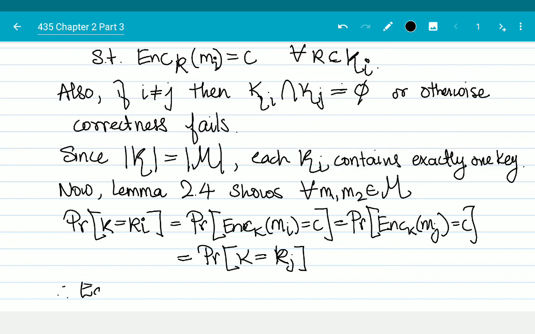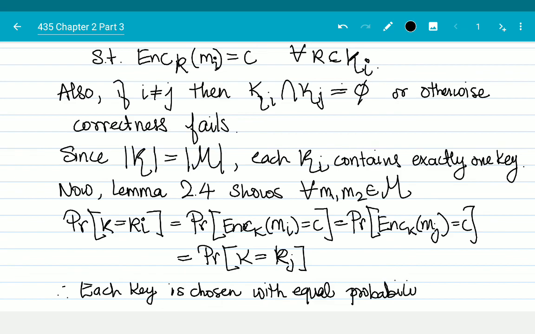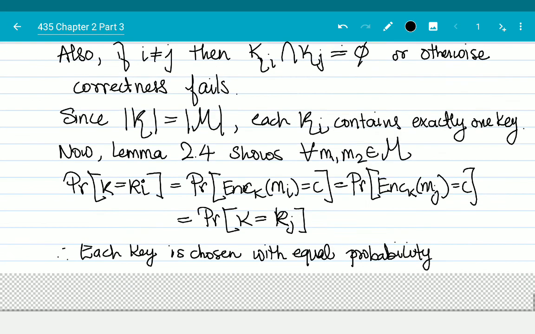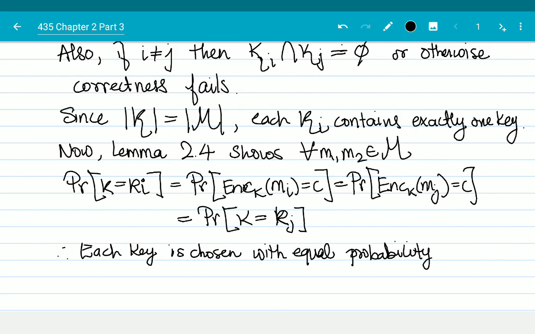Therefore, each key is chosen with equal probability, fulfilling condition 1, i.e. size of K to the negative 1.